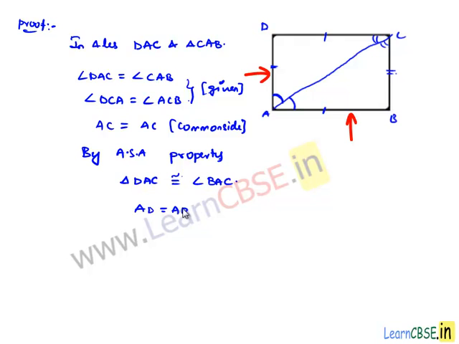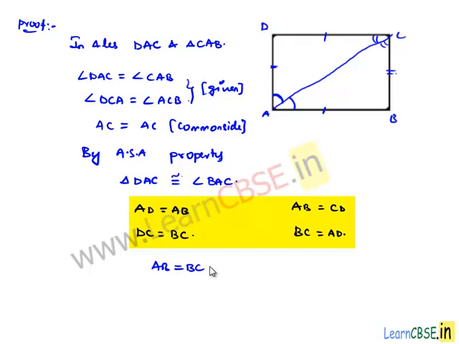So here AD can be equated to AB, and DC can also be equated to BC, which are corresponding sides. So here initially we know that AB is equal to CD and BC is equal to AD. So here we can say, from these four relations, all the sides are equal. That is, AB is equal to BC is equal to CD is equal to DA.